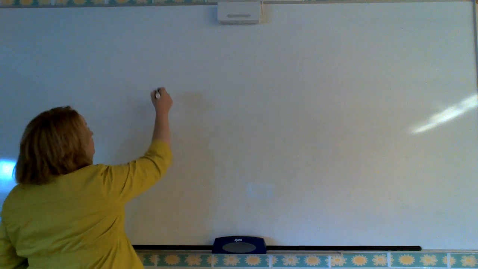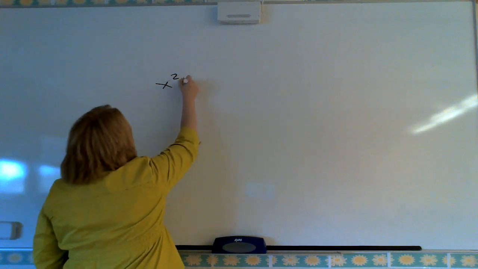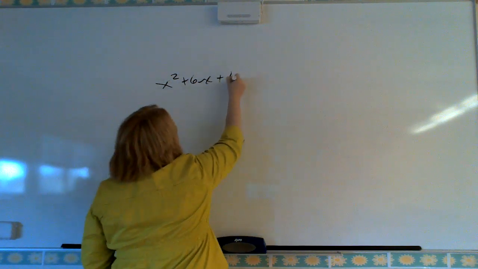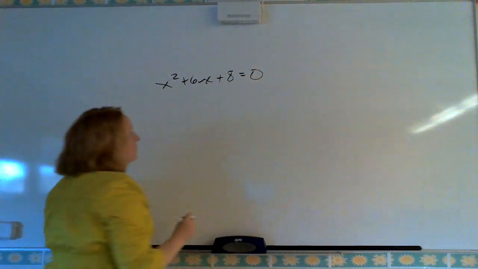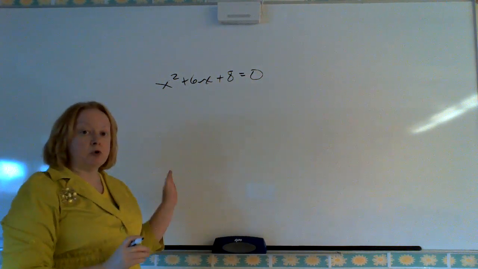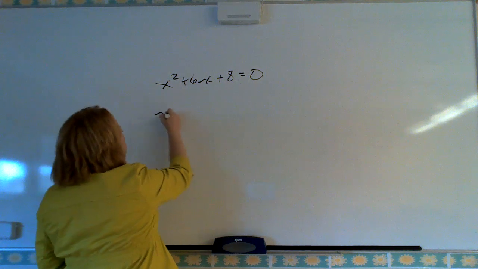Okay, so let's try this one right here. Let's say I have x squared plus 6x plus 8 equals 0. The first thing I'm going to do is move that 8 to the other side.